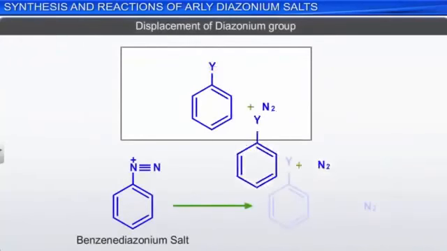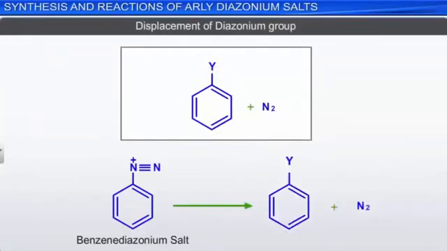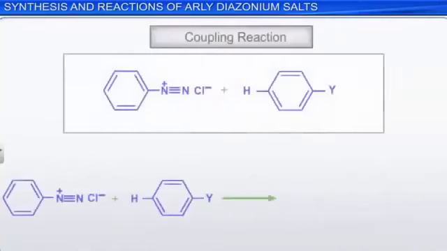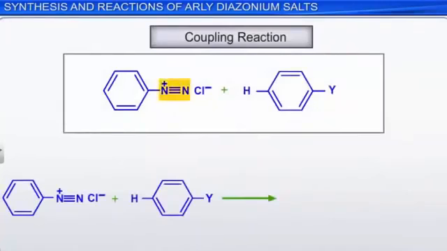Many reactions of benzene diazonium salts involve the displacement of the diazonium group, as nitrogen is an excellent leaving group. Aryl diazonium ions can also undergo coupling reactions, using the nitrogen atoms of the diazonium group to link to another aromatic ring.